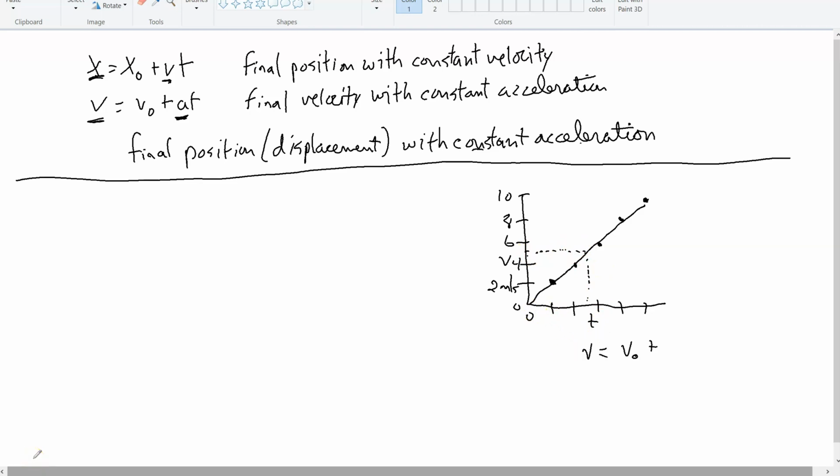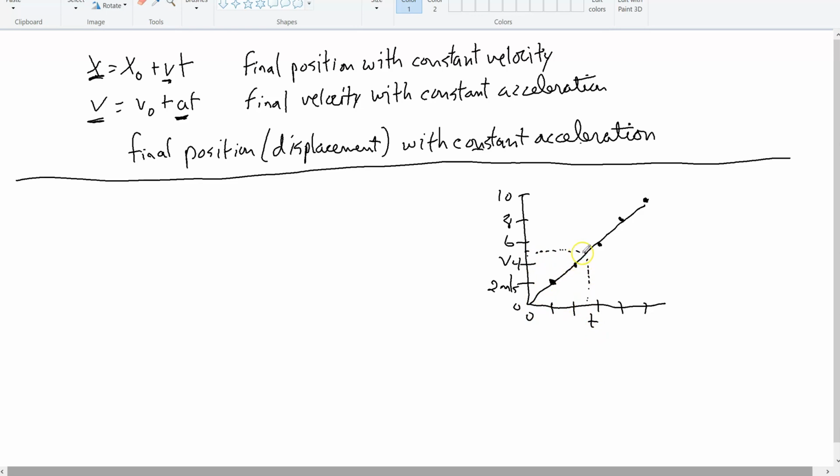Let's say that again. If I go from 0 to 10 meters per second over 5 seconds, and I do that at a constant rate, it will be as if I was going 5 meters per second the entire time.